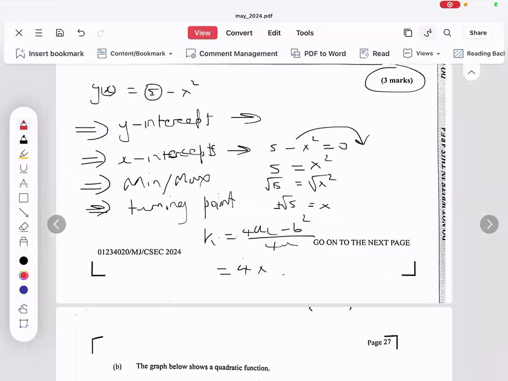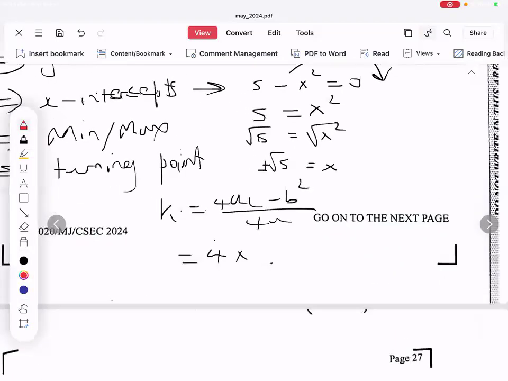So let's plug it in then. 4 times A, which we can clearly see is -1, times C, which is 5. There's no B, so if you want to put 0 squared, you can. And that's all over 4 times A, which is 4 times -1.